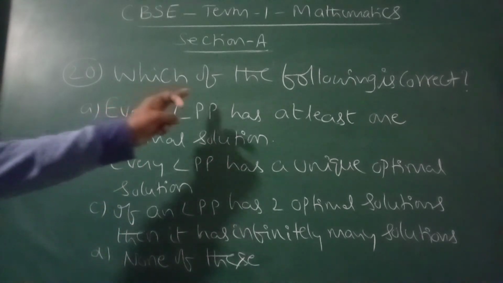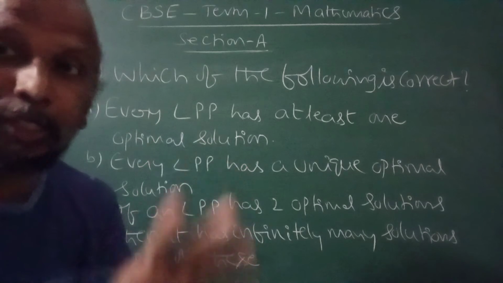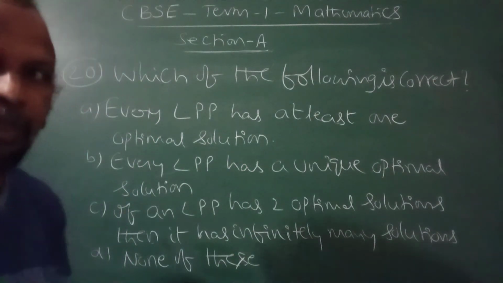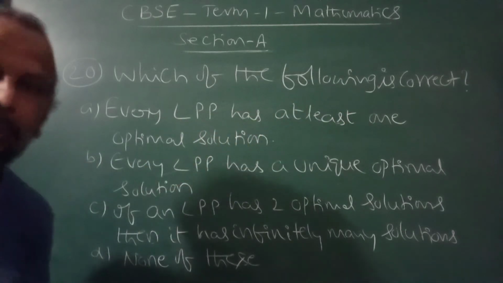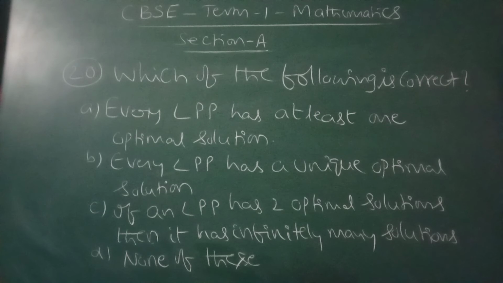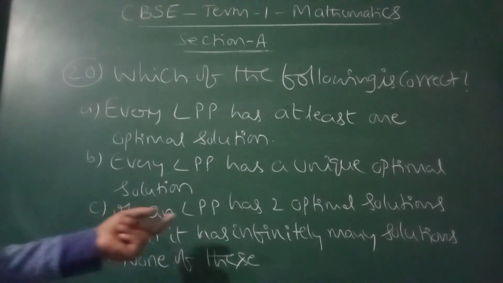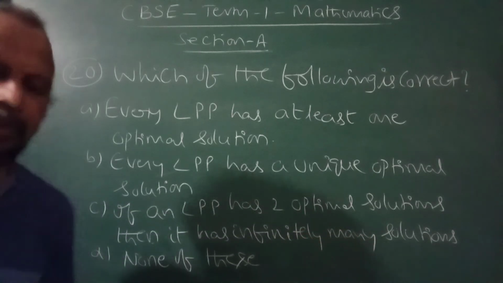In this problem, which of the following is correct? You should be familiar with all the definitions of linear programming, LPP. Every LPP has at least one optimal solution. Every LPP has a unique optimal solution. If an LPP has two optimal solutions, then it has infinitely many solutions.